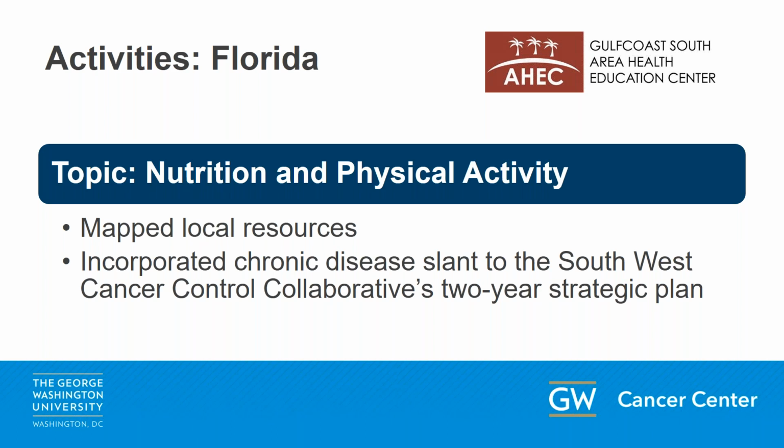And they also decided to incorporate chronic disease projects as part of their 2-year strategic plan for the Southwest Cancer Control Collaborative. So it's nice to have a cancer-oriented organization or coalition look more to the chronic disease initiative to see if there are any overlaps and collaborate in the future.